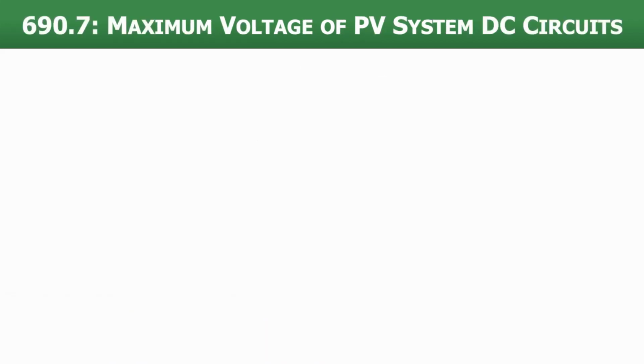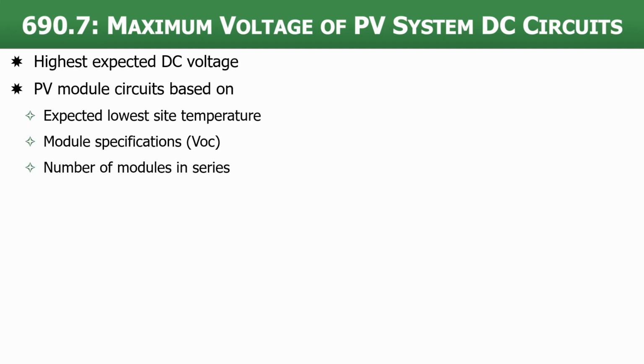So it all starts with the National Electrical Code and section 690.7, maximum voltage of PV system DC circuits. Now this is basically the highest expected DC voltage a PV system is going to see. What does that maximum voltage depend on?